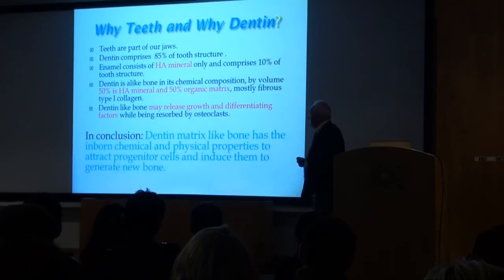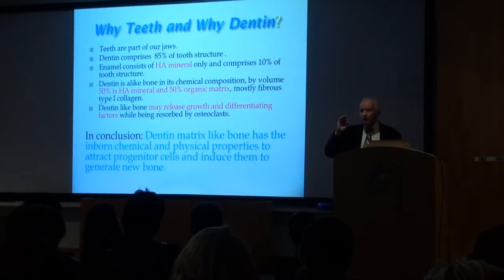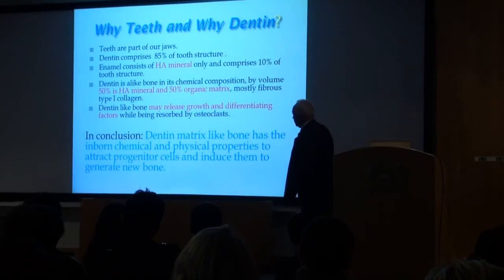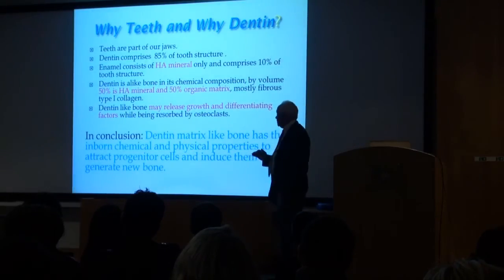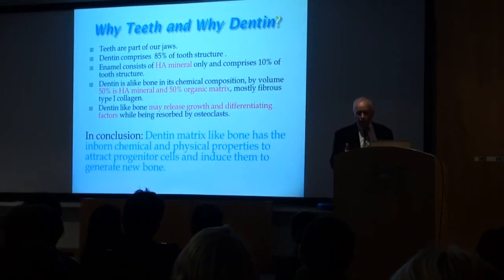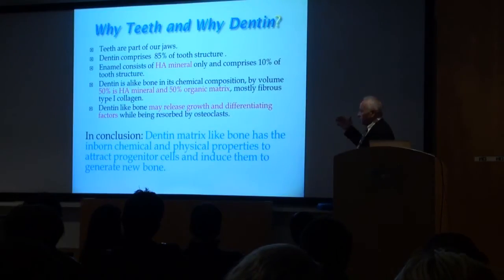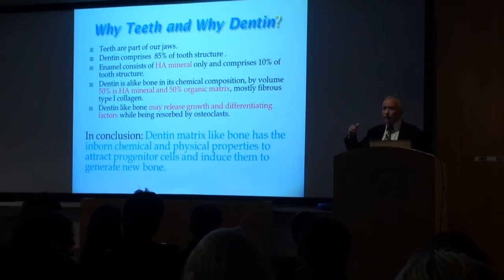Also important, dentin is very much like bone, like cortical bone. It has the same HA, hydroxyapatite mineral. It has the same organic matrix, based on collagen and non-collagenous proteins, and the same growth factors, BMP, FGF, and others.